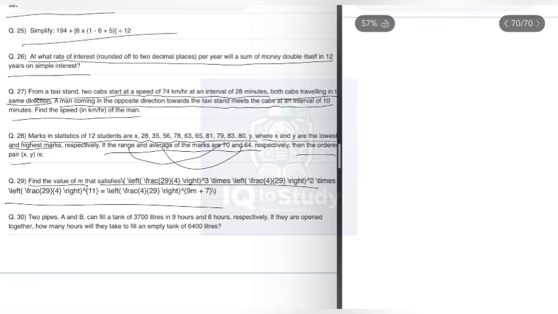Two pipes A and B can fill a tank of 3700 liters in 9 hours and 6 hours respectively. If they are opened together, how many hours will they take to fill an empty tank of 6400 liters?